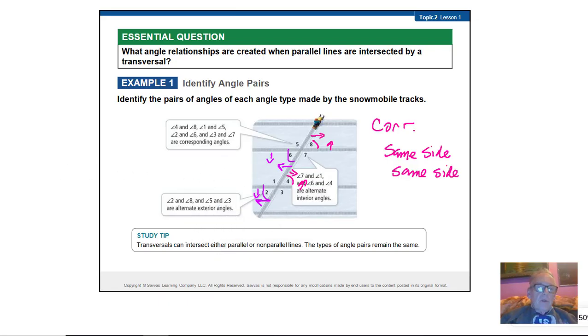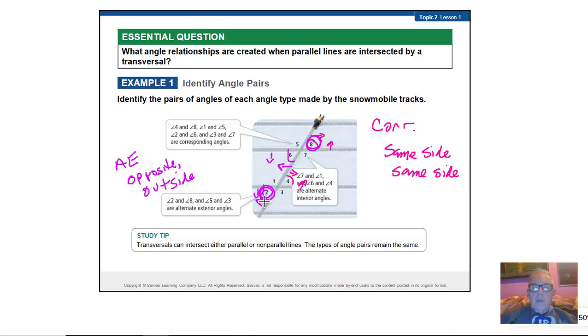We have another set of angles that we can talk about that are alternate exterior angles. So angle 8 and angle 2 are on opposite sides. So alternate exterior, AE for short, they're on opposite sides of the transversal and outside the lines that are crossed.